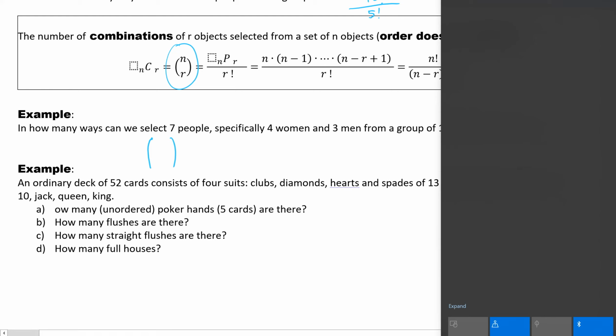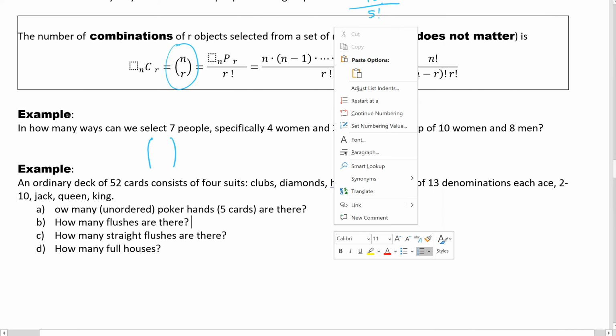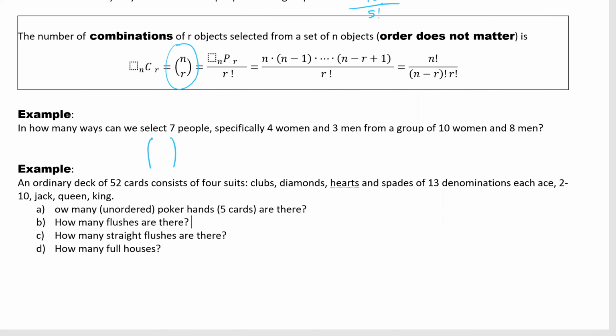We have 10 women and we want to pick 4 women. So this is a combination, 10 choose 4. This is the first step. Then the second step, let's pick the men. We have 8 men and we pick 3 men.